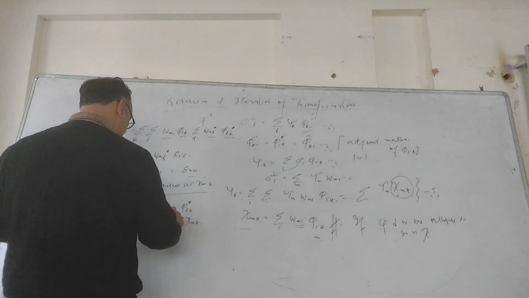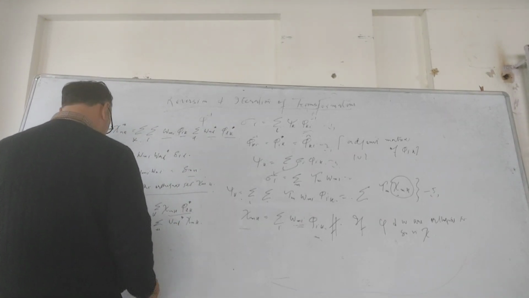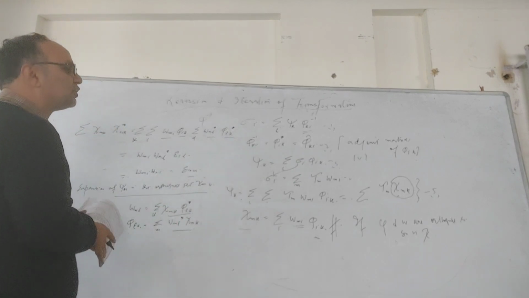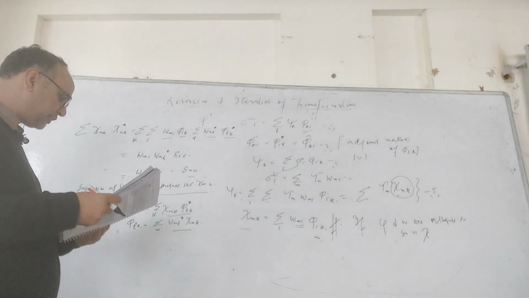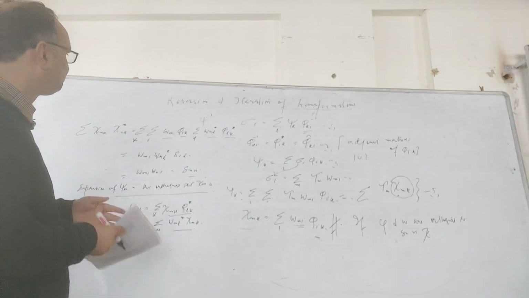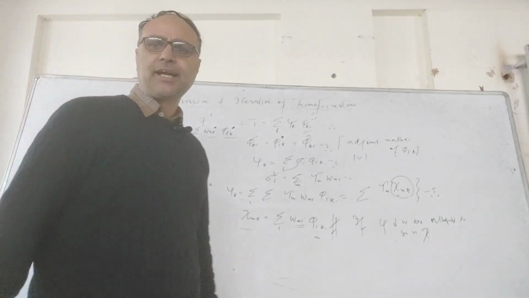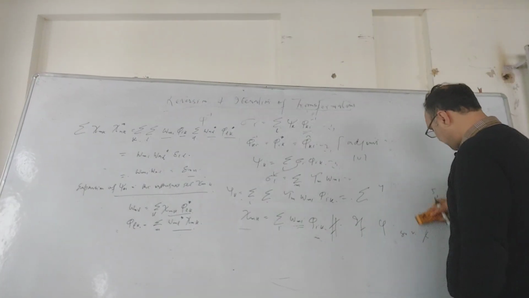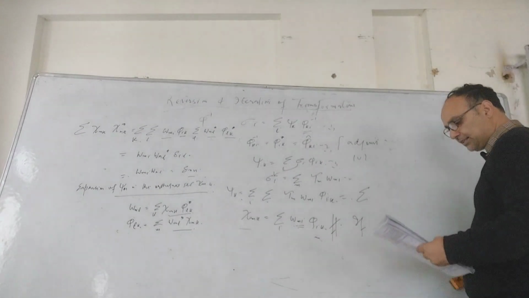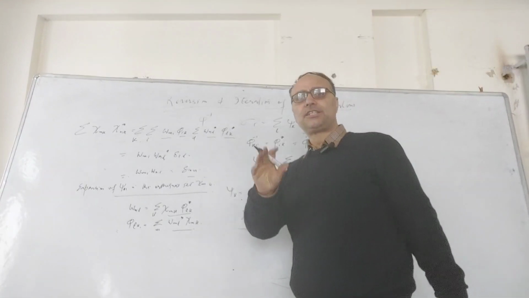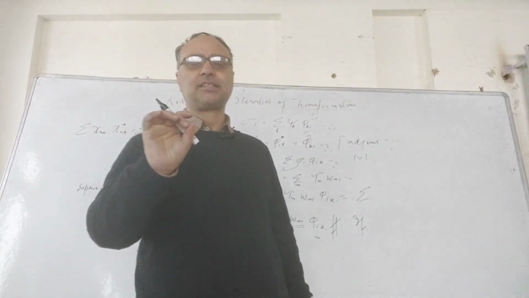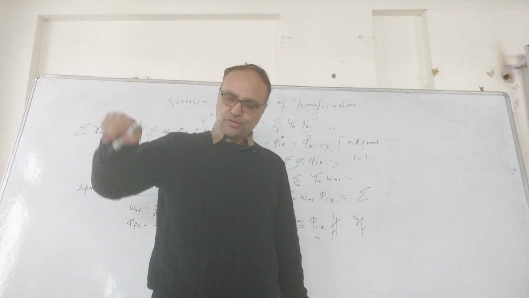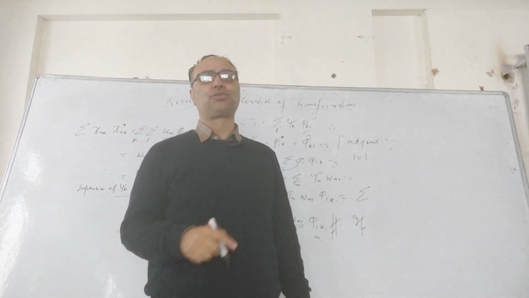Omega m l is this, and phi of l k can be written as this. So the whole point of this exercise is to show that we can write this entire thing. If we want to make a chart out of it, the iterative transformation of a given matrix can be written in terms of another matrix, and we can come from one matrix to the other and back to the same.